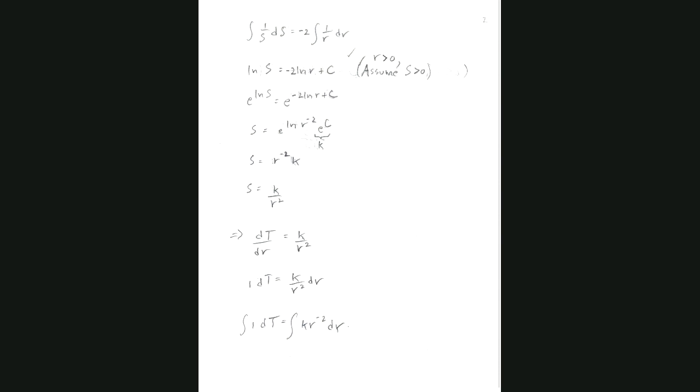Now hold on here, one moment. Make this a little bit less. So now dt dr equals k over r squared, and now we can separate the variables on that differential equation so that we can solve for t.